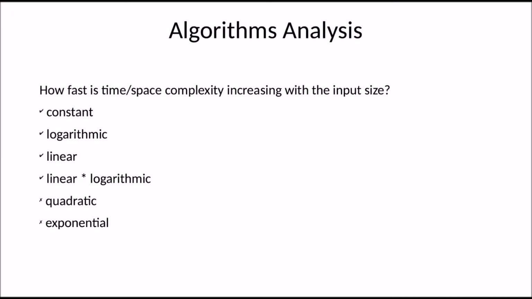Now, typically we look at classes of functions. So we look at constant, logarithmic, linear, linear times logarithmic, quadratic, and exponential. You may have noticed the x's that I put in front of quadratic and exponential, because these are really considered infeasible. If we have an algorithm that takes quadratic time, as we increase the input size, it just becomes way too slow.